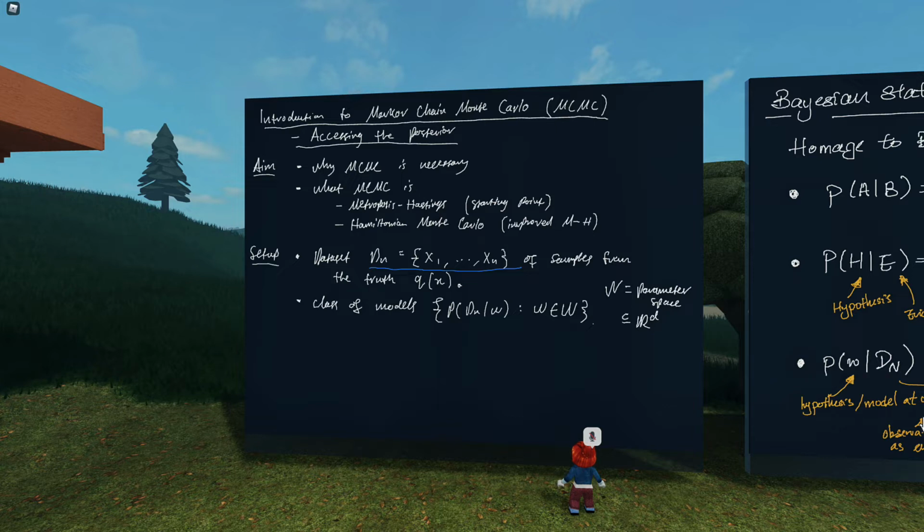And our other part of the setup, which I will elaborate on in a little bit, is some prior distribution denoted by phi of W on the space of parameters, capital W.